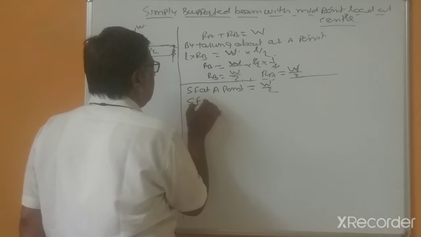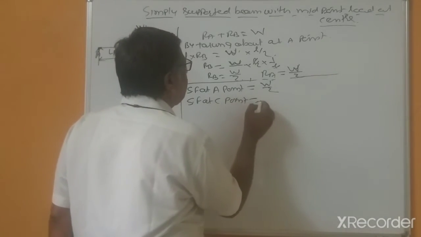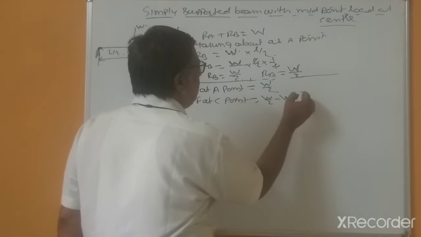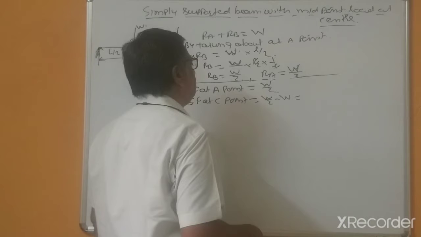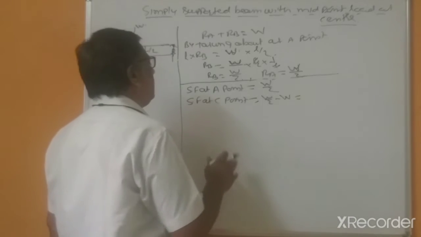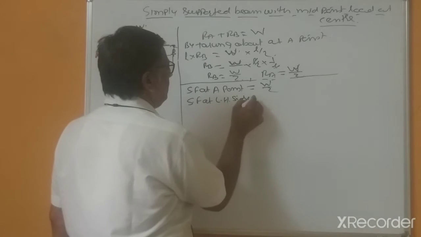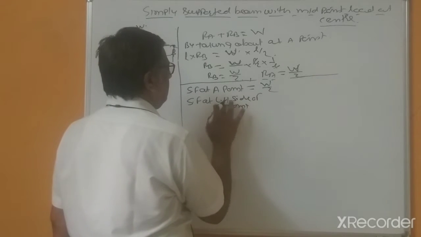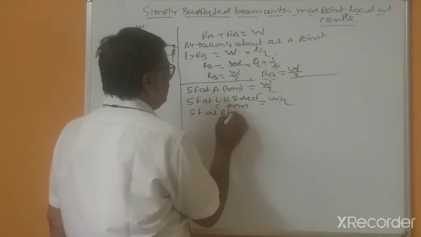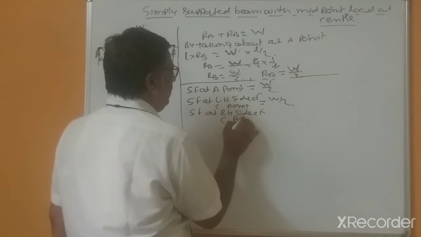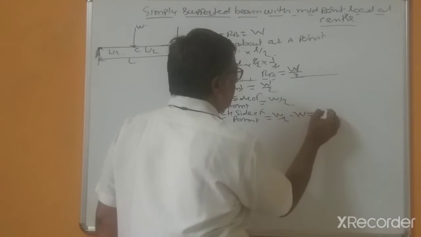And shear force at point C: between A and C there is no force, so W by 2 minus W. Now you can consider shear force at the left hand side of point C, which is W by 2, and shear force at the right hand side of point C is W by 2 minus W, equal to minus W by 2.